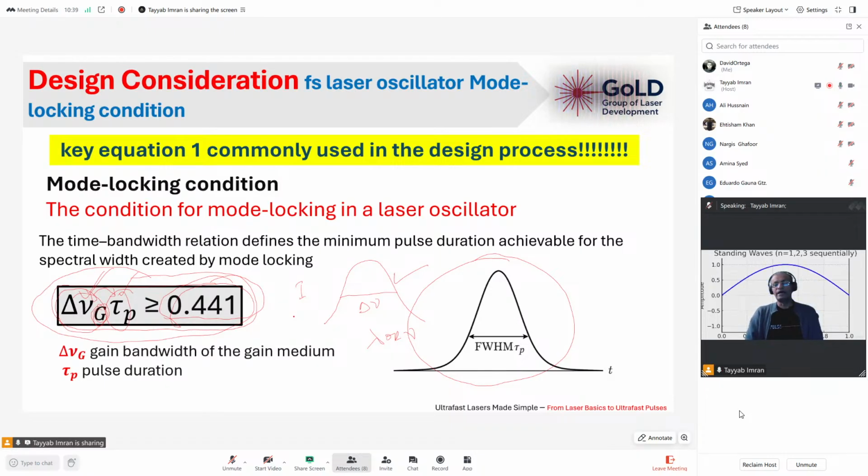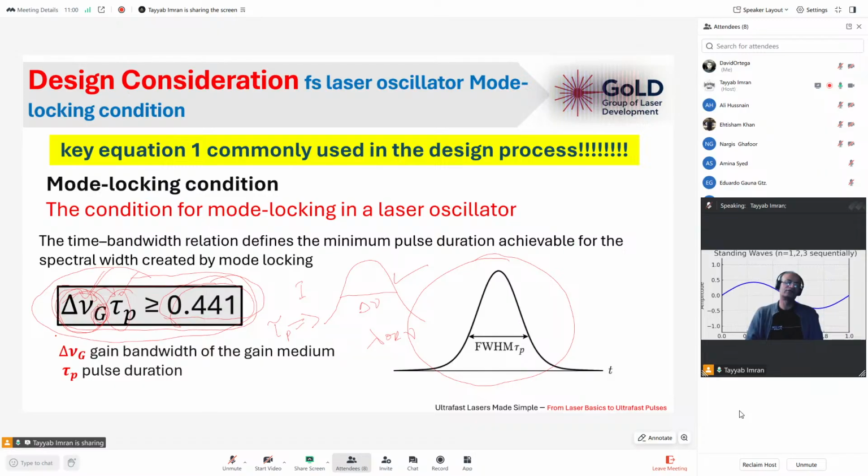And definitely, we assume in the beginning what pulse duration we want, what material we are using, and what is the gain bandwidth of that gain medium.